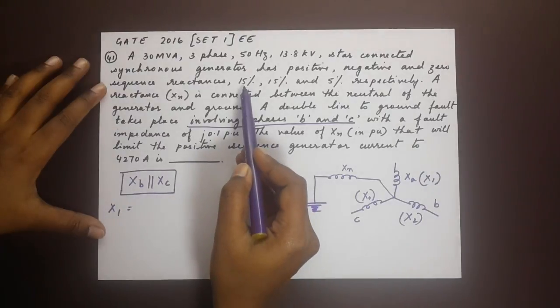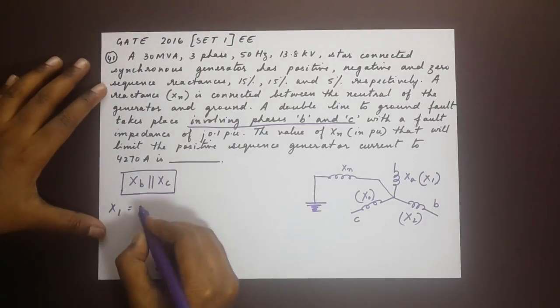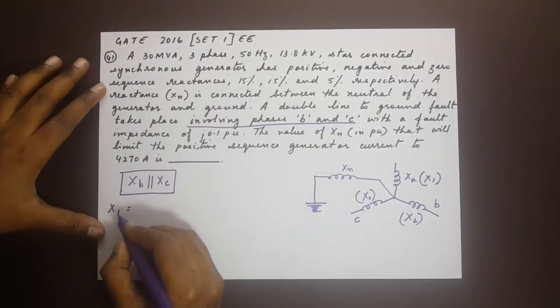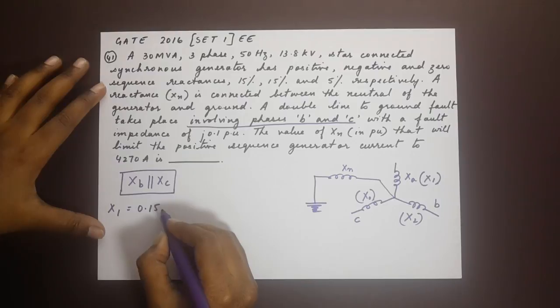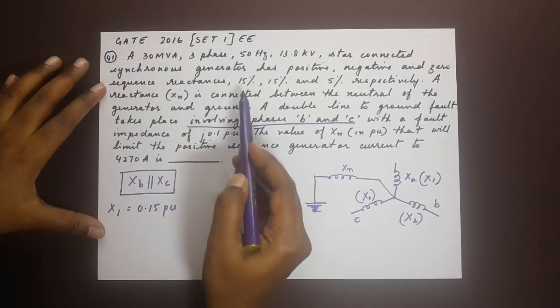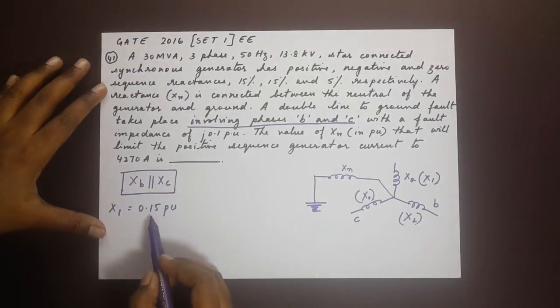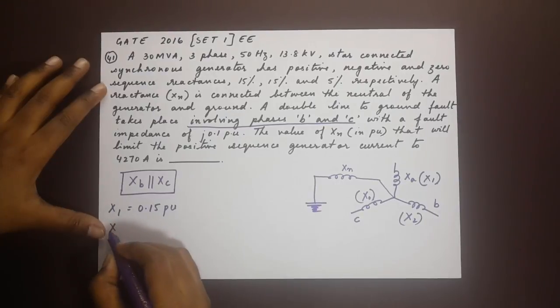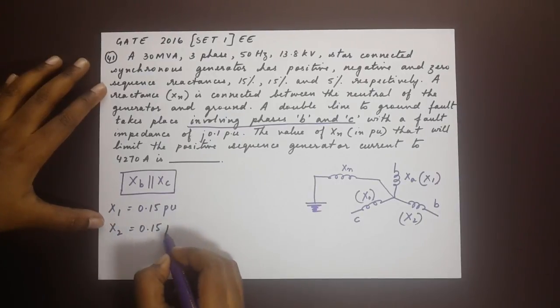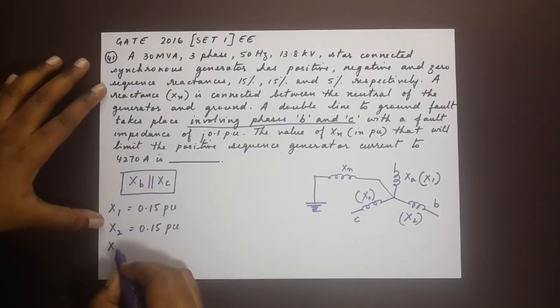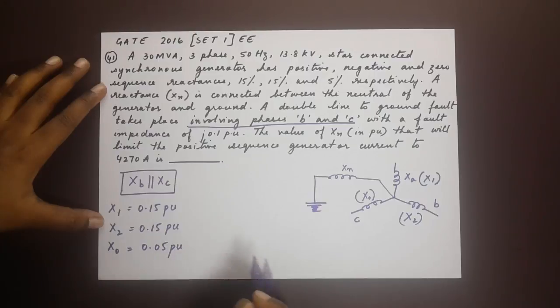X1: it says the positive sequence reactance is 15%, so we write that as X1 equals 0.15 pu. Now it's in percentage, so we convert it. Similarly, negative sequence X2 is 0.15 pu. Zero sequence X0 is 0.05 per unit.